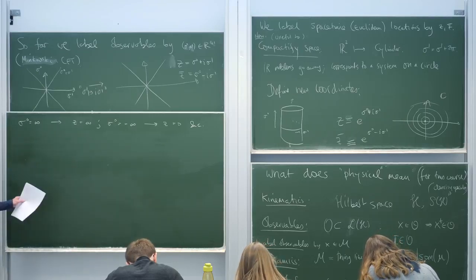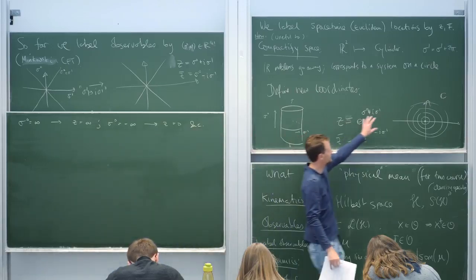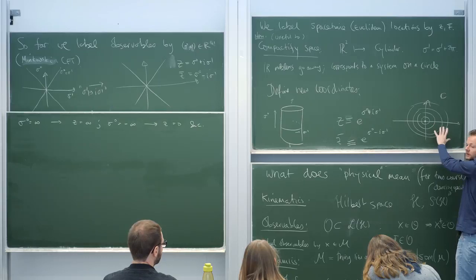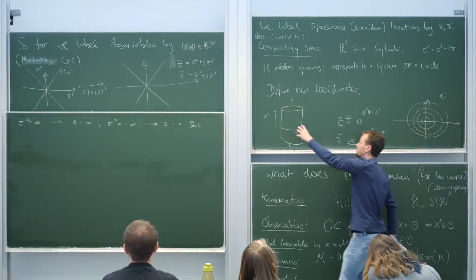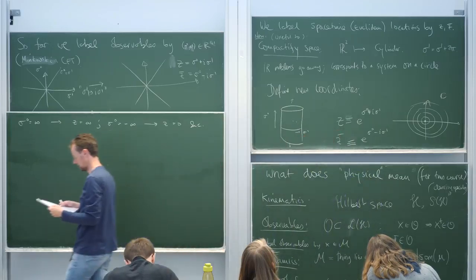And this is where we're going to build our quantum theories. We're going to build our quantum theories here on C, and then we're going to interpret every observable here as corresponding to something on this compactified space-time over there.